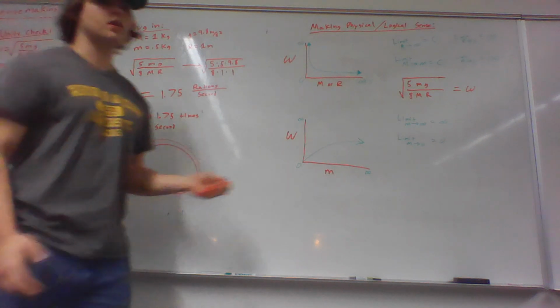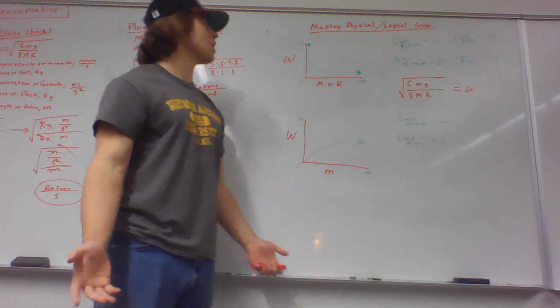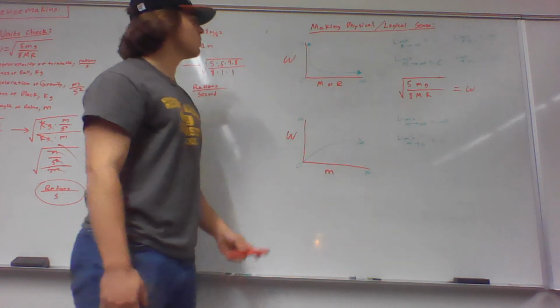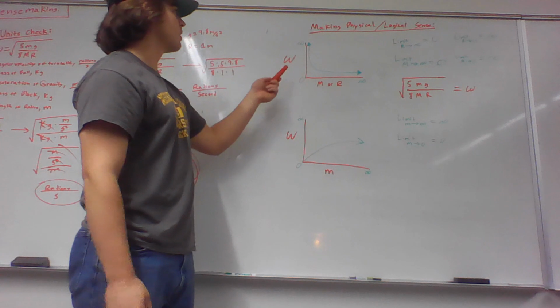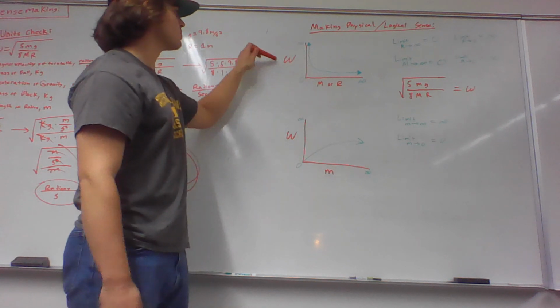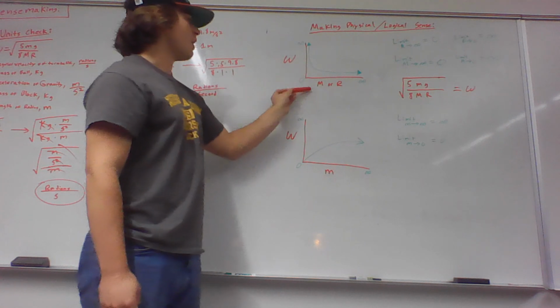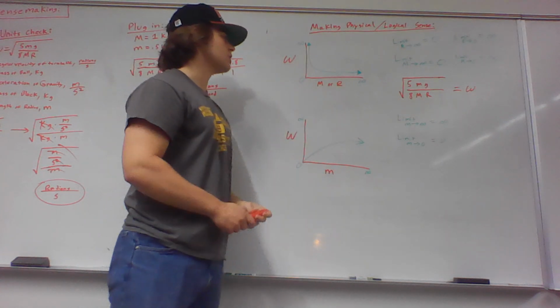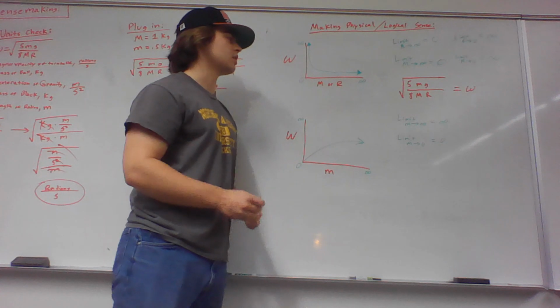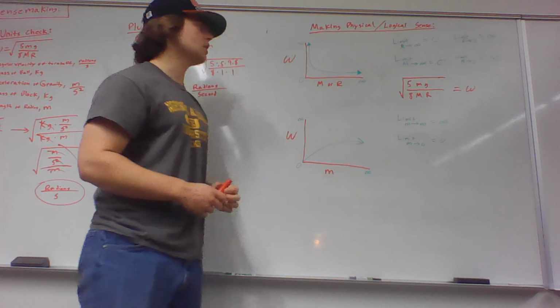All right, and then we're gonna go over here and make physical and logical sense of this. So right here, we have our graph that shows the angular speed in relation to the mass or the radius of the object.